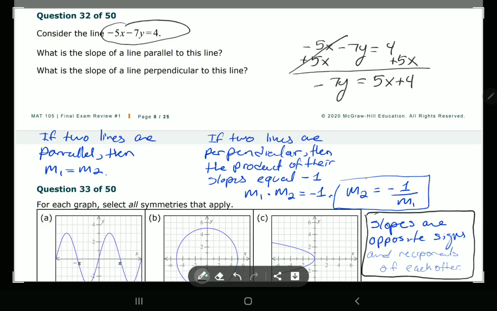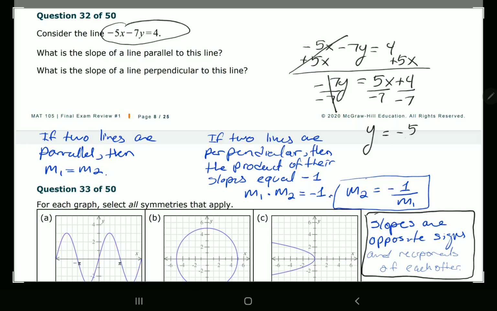To get y by itself, we're going to divide each term by -7. When we do that, y = -5/7 x - 4/7.